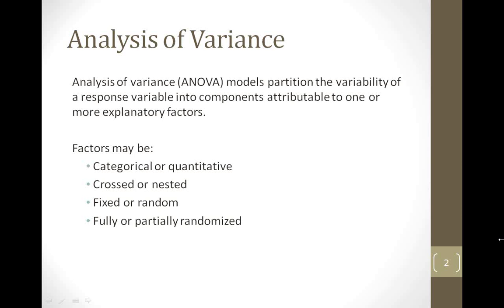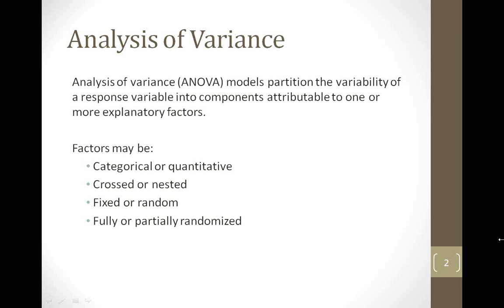We'll also see, though, some analysis of variance models where the factors are random, where we go out, for example, and collect 15 batches of a product, perhaps interested in the batch-to-batch difference, but not particularly interested in those 15 batches, just interested in batches in general as a sample from some larger population of batches.